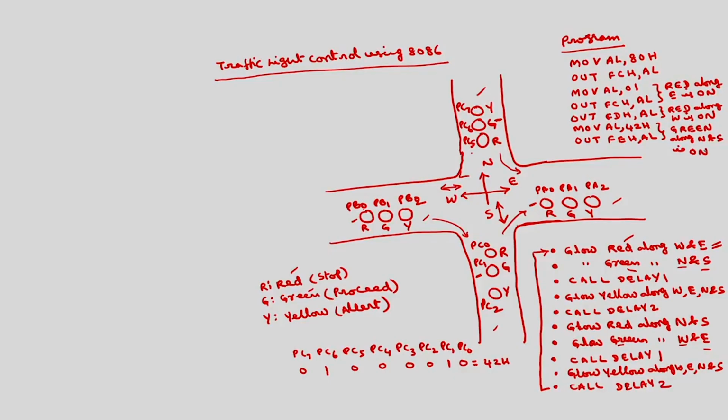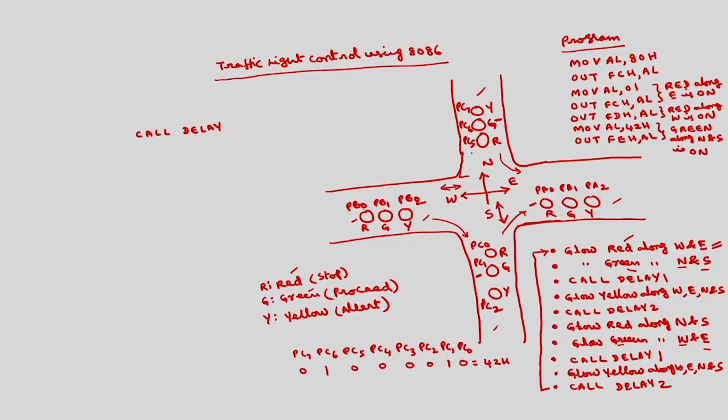Now, we have to call the delay. I will write the remaining program here. Call delay. This delay depends upon the traffic conditions of the particular junction.